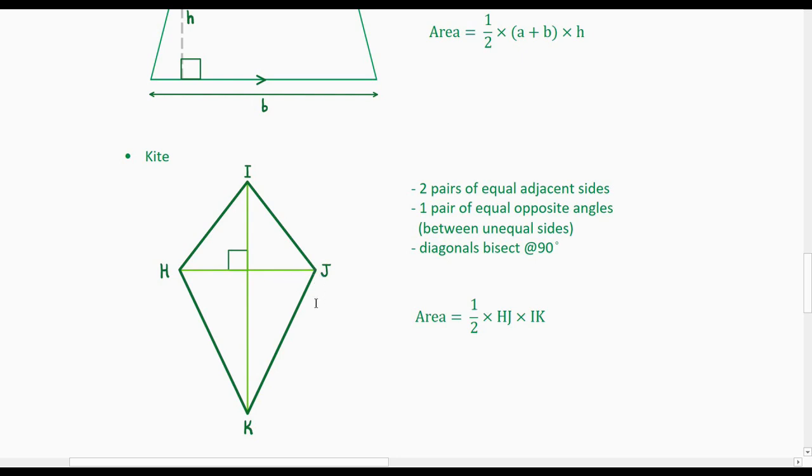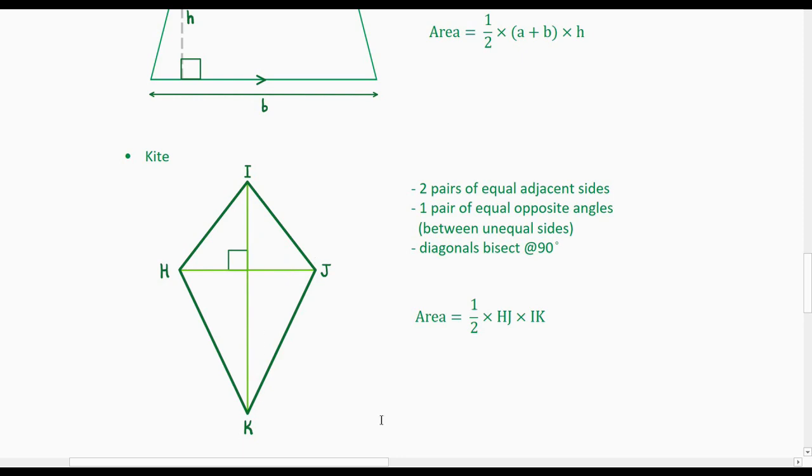Then they also have one pair of equal opposite angles, these lying between the sides of unequal length. So this angle and this angle. And also the diagonals bisect at 90 degrees, splitting up the kite into four right-angled triangles. And the area is determined by saying half times the product of the lengths of the two diagonals.